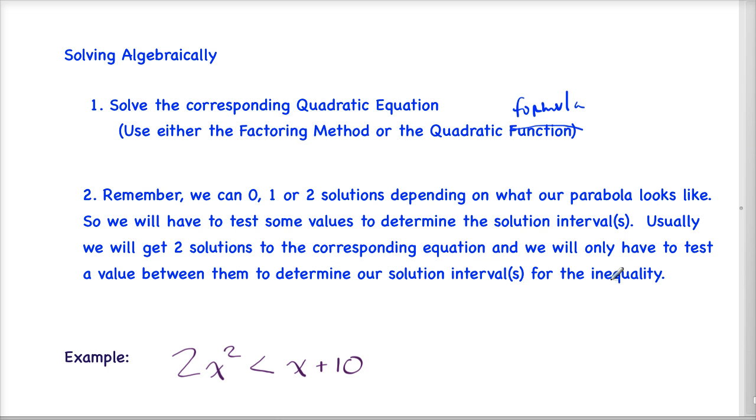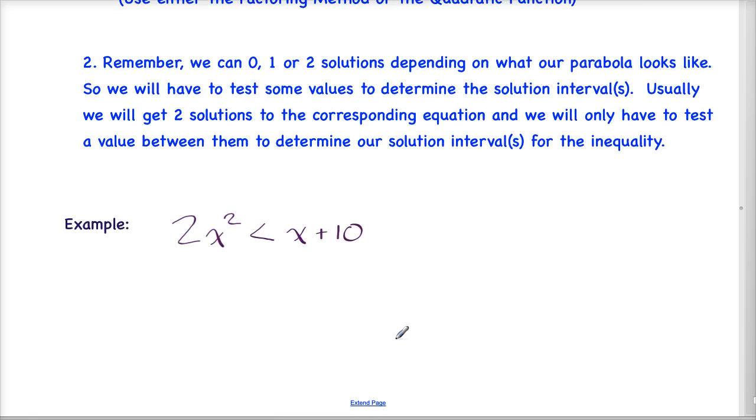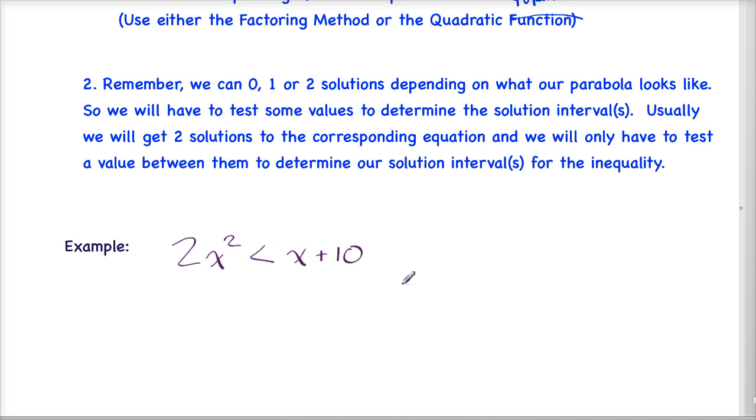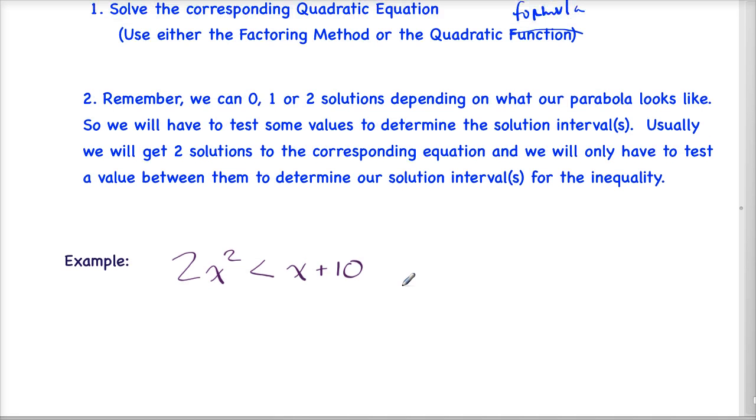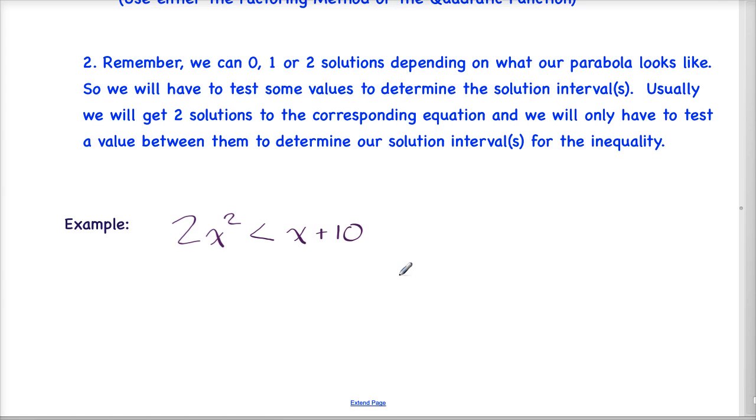So let's see what this looks like. We've got an example here: 2x squared is less than x plus 10. I want to solve this. So the first thing I want to do is solve the corresponding quadratic equation. And remember, we always want that to equal 0, right? So like we said at the beginning, the standard form of this, we want it to have a 0 on one side of the inequality.